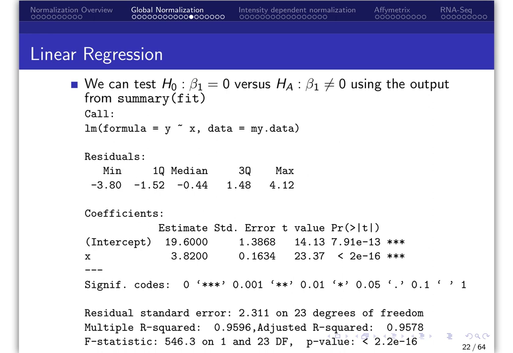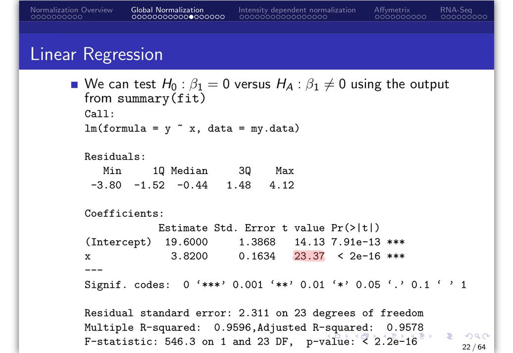We can test the null hypothesis, H naught, that the slope beta 1 is equal to 0 against the alternative hypothesis that the slope beta 1 does not equal 0, using the output from summary(fit). Note the slope is estimated to be 3.82 and its standard error is 0.1634. Dividing the estimate by its standard error yields the test statistic, which is 23.37.